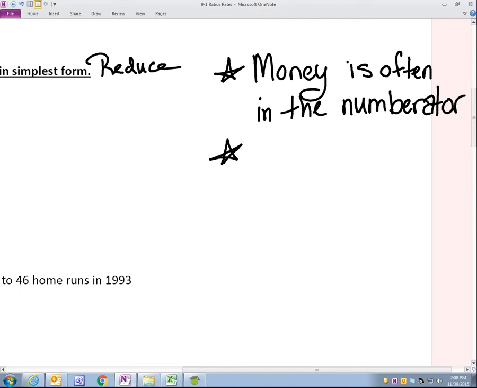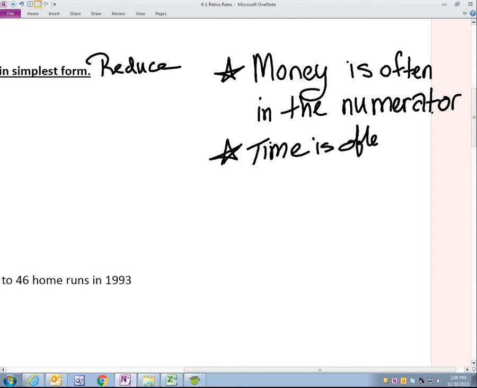Also, time is often in the denominator. Money is often the numerator, time is often the denominator.